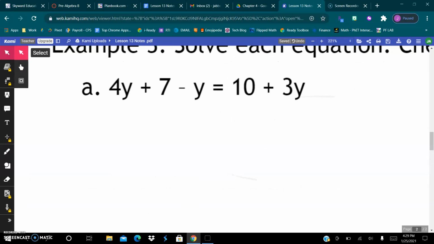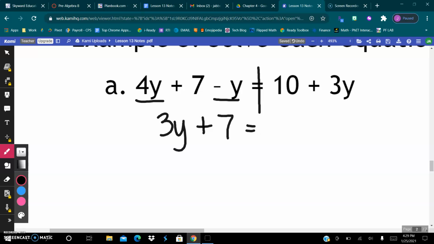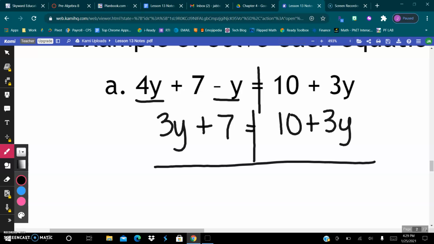All right, so example 3. Here's our barrier. We have a 4y and a minus y over there. So I'm going to simplify that. That would give us 3y, and then we have that positive 7. And we can't do anything over here, so I'm just going to copy it down. And then we have y's on both sides.